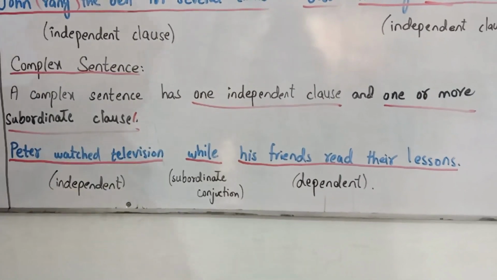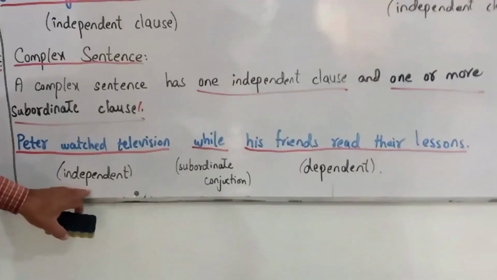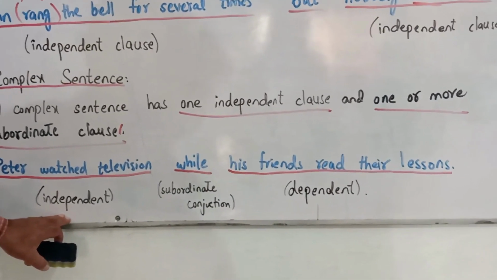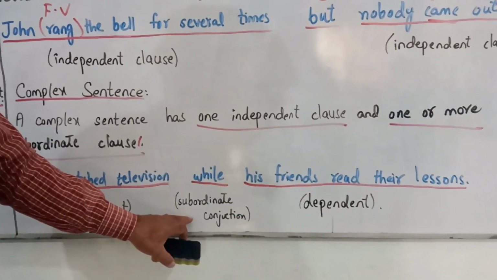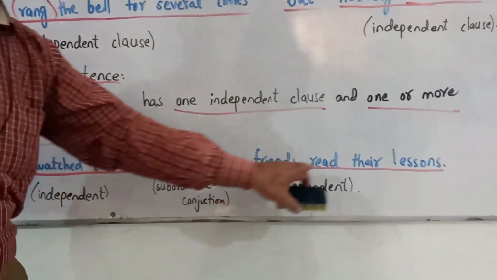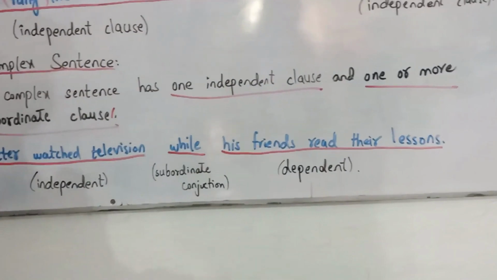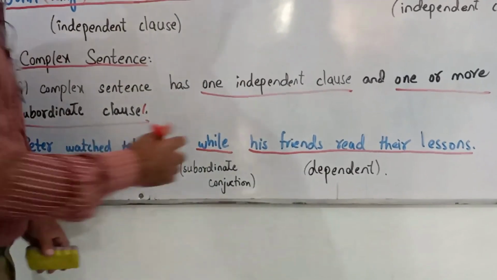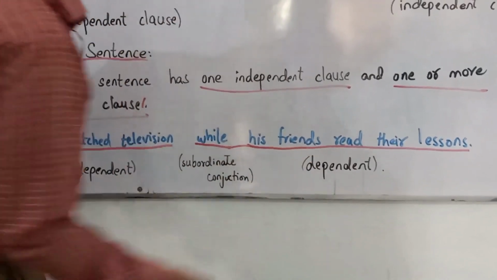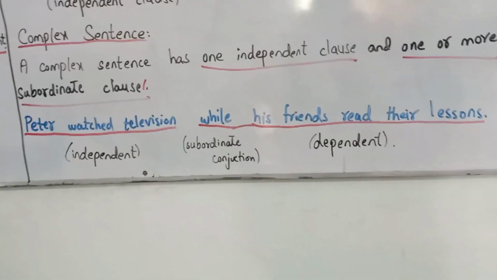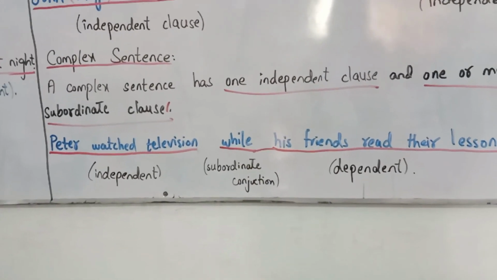Peter watched television. It's giving a complete sense, it's an independent clause. Then there is a subordinating conjunction, while. His friends read their lessons. Then there is the dependent clause. If we add this, while his friends read their lessons, it becomes a dependent clause.